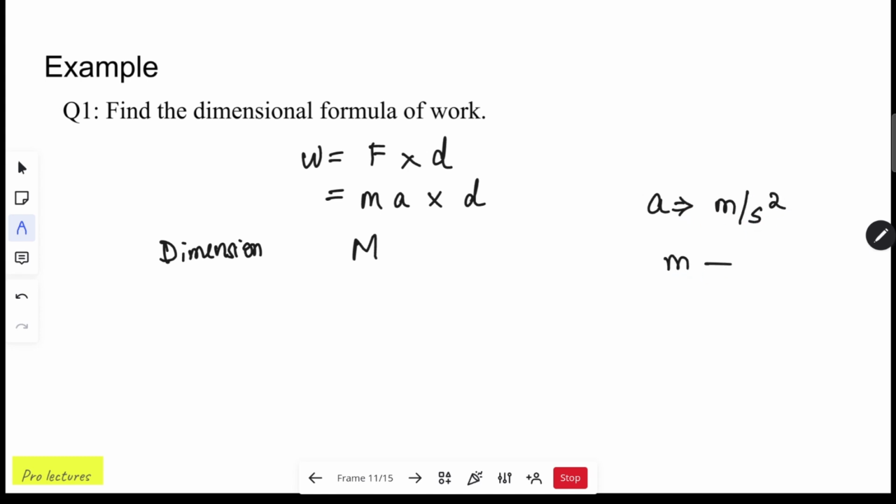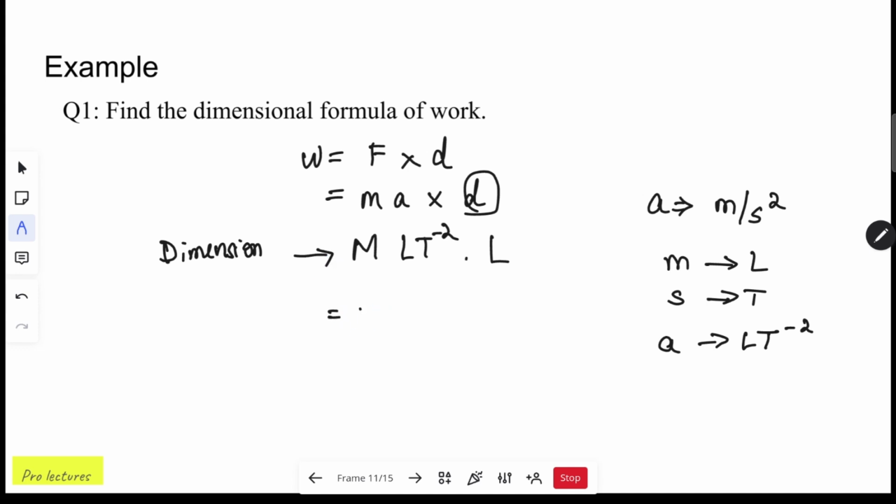We denote meter dimension as L, second as T. So acceleration's dimension is L T power minus 2. So we write that here: M, L T power minus 2, into distance, which is again L. So the dimension of work is M L square T power minus 2.